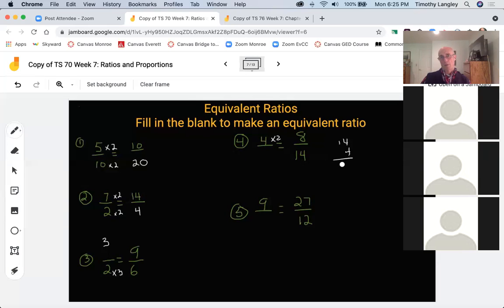Cross multiplying these to 16, that's 56. So what I've got to do is, what times 8 is 56? 7 times 8 is 56, if I remember right. So there's my number.